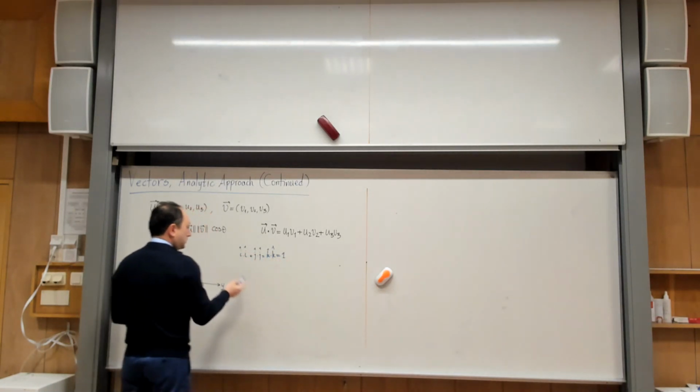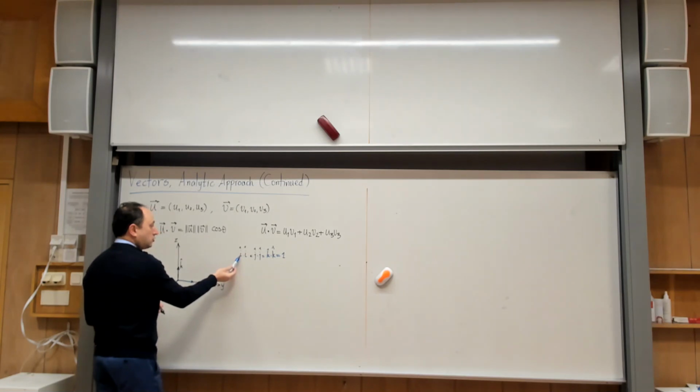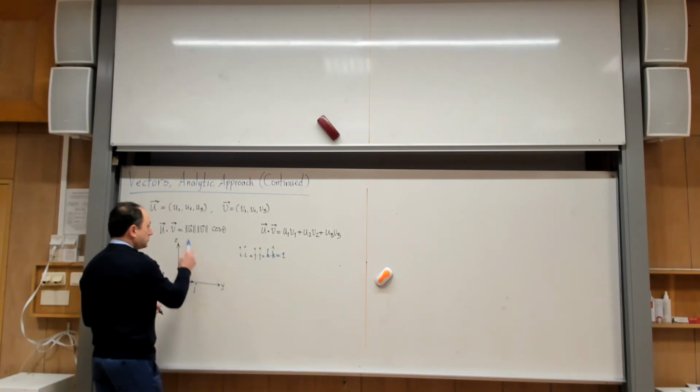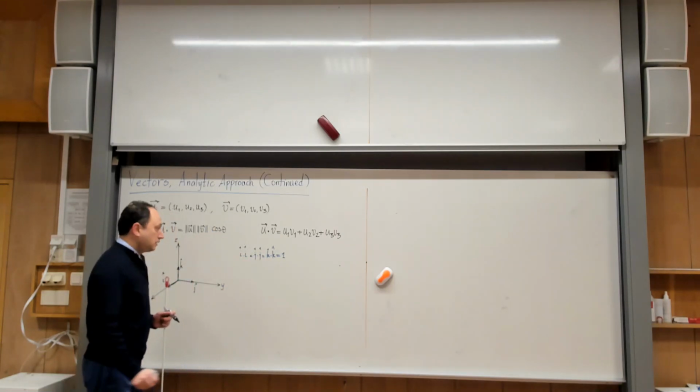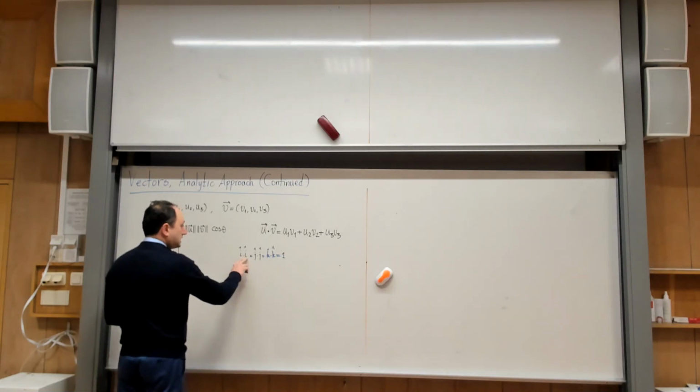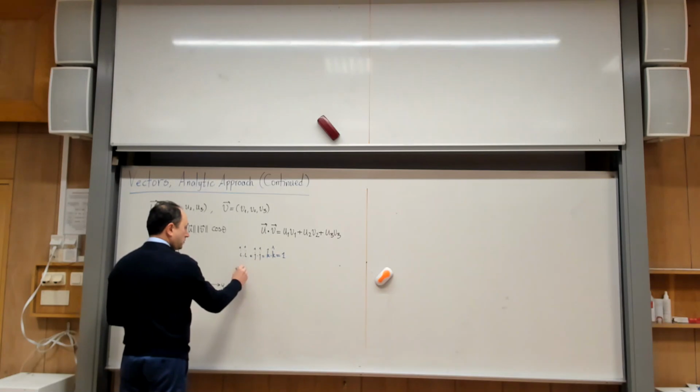Why? Because, for example, this becomes the norm of this times the norm of that times the cosine of the angle between the vector i and itself. The norm of i is 1, so this becomes 1 times 1, and the cosine of 0 is also 1, so the product becomes 1. And then we also learned that any distinct pairs being dot producted become 0.